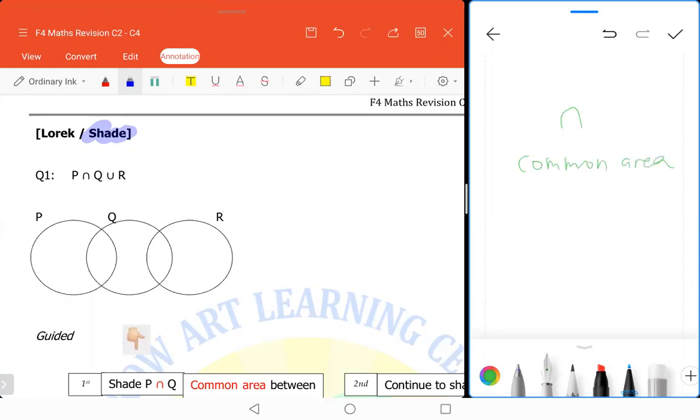Usually we will have 2 different sets. That means when we want to shade it, we just use different color or different type of lines. Okay, let's say we have P intersect Q. Something like this. P, Q.